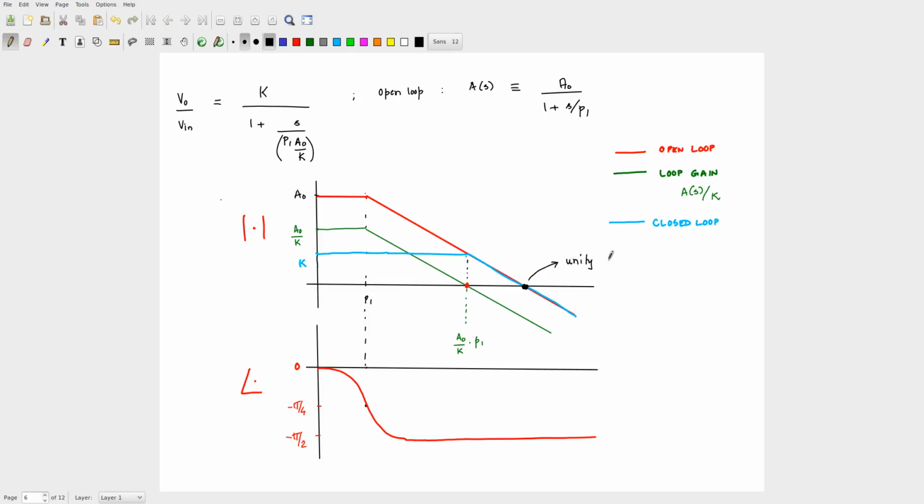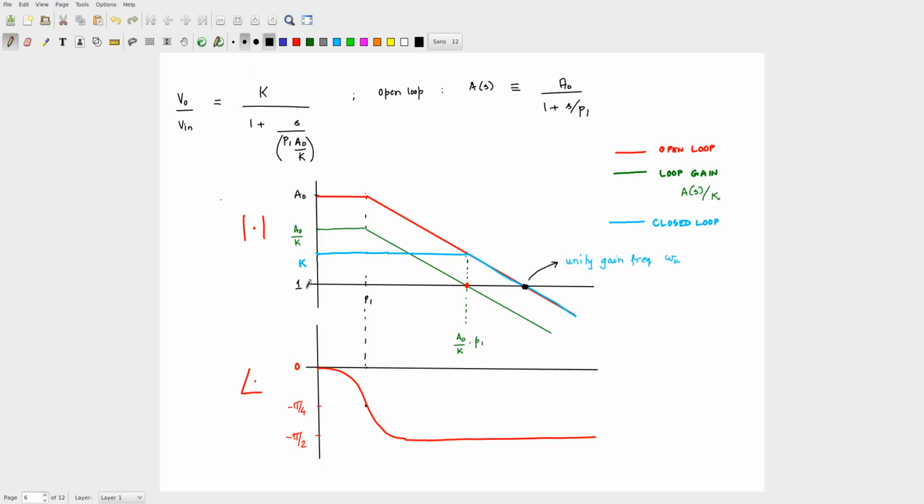Why is it called the unity gain frequency? So I'll call that omega u. Omega u is the frequency at which the closed loop gain becomes equal to 1. I'll write it in blue, so it is connected with the closed loop gain. The horizontal line is 1.